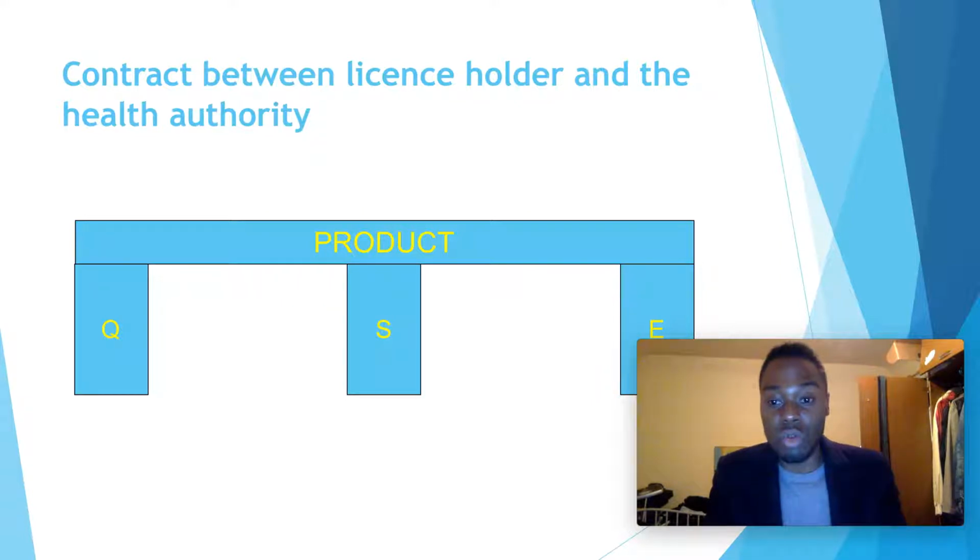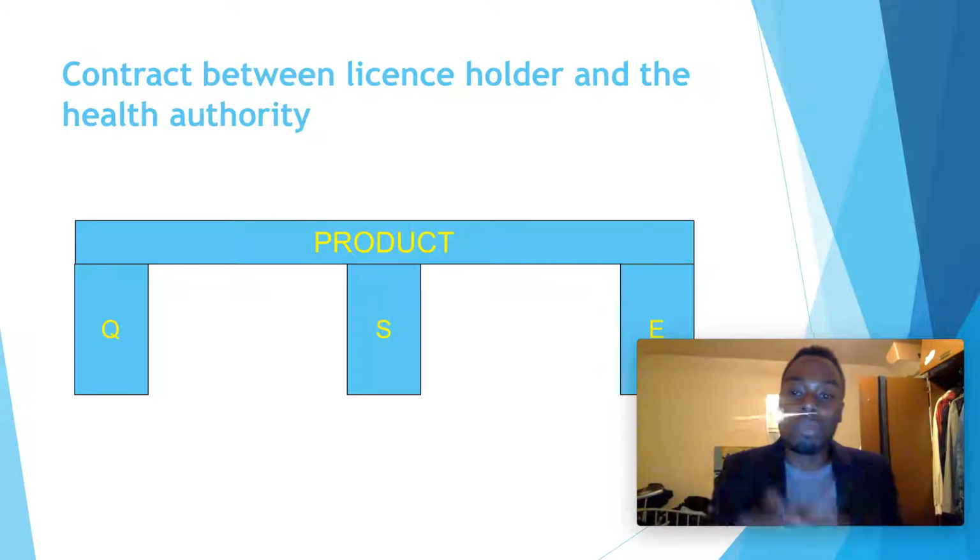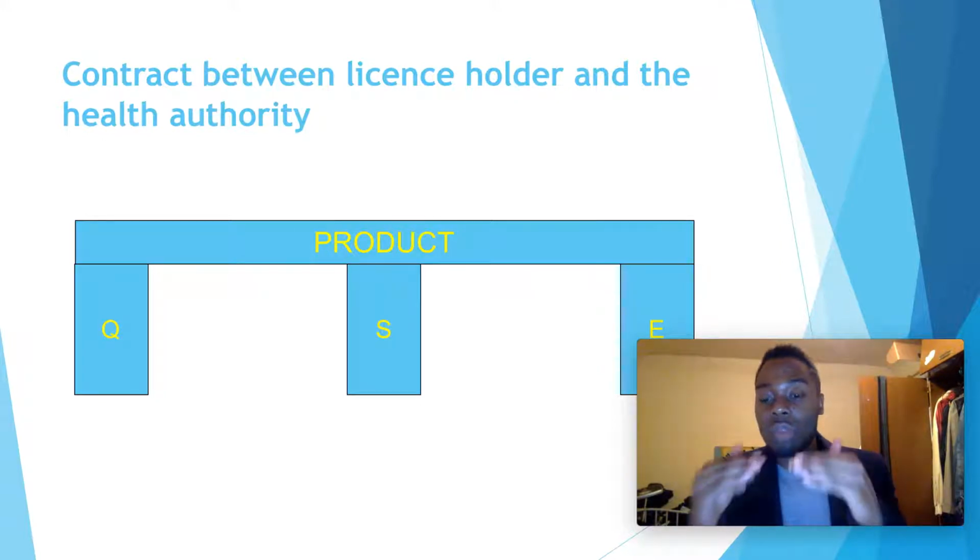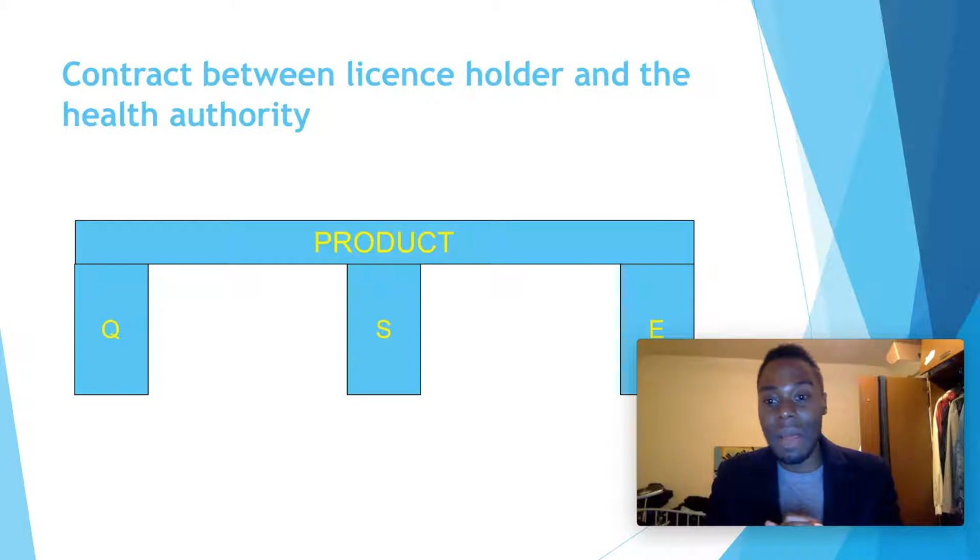And us as regulatory affairs professionals, we're in charge of literally helping the company along the process of actually being able to distribute their product to the public. And of course, as I said before, we look at the quality, safety, and efficacy of the medical product.